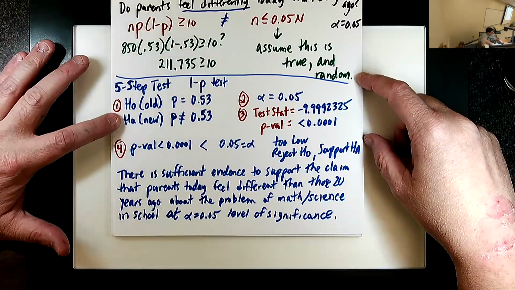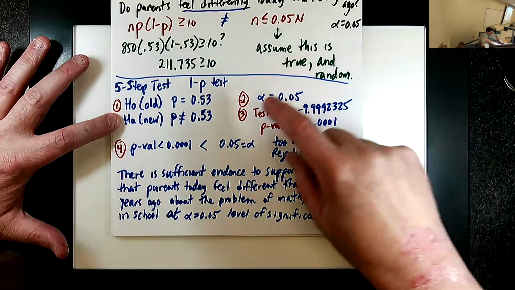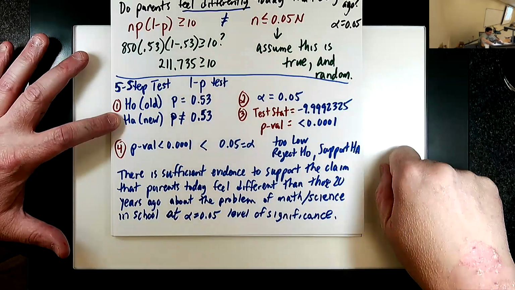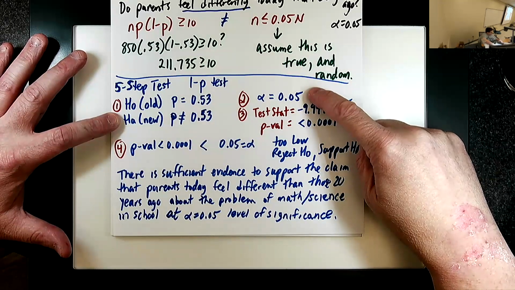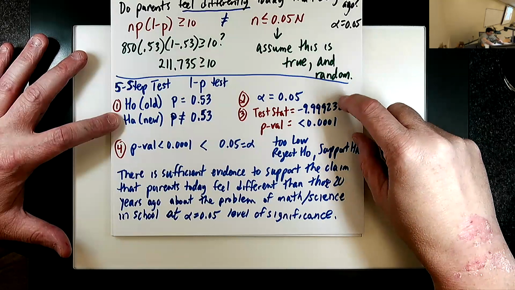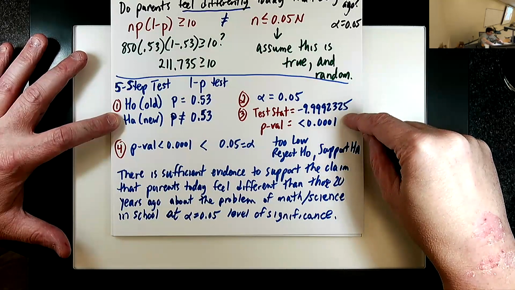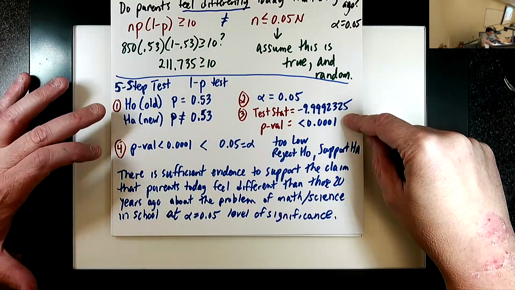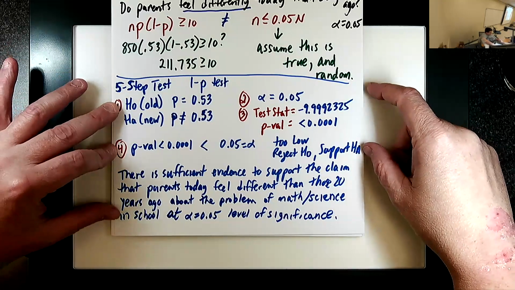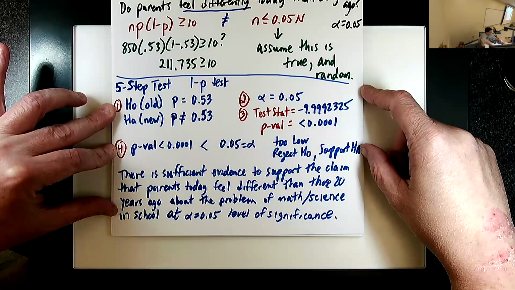You'll tell me what H naught and HA are, which is always based on the claim up here. If 2 isn't given to you, use 0.05, but most of them will have it given to you. For 3, I'm going to give you all the information. Then the real thing you have to do is 1, 4, and 5. That's where the work is on your part.